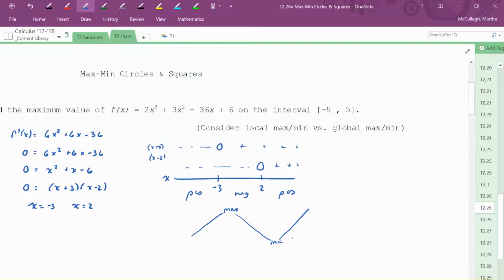So we would have just done this before. What's our maximum, what's our minimum? We have a max at -3, we have a min at 2.